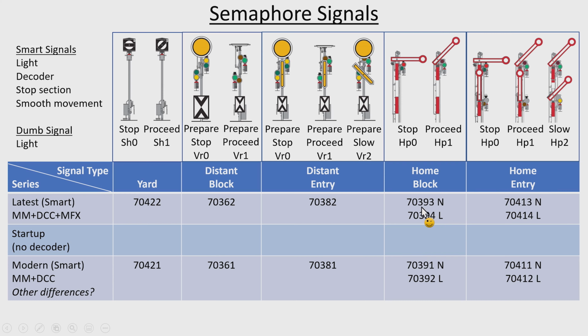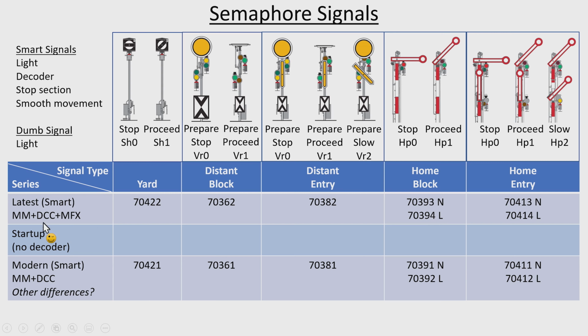The 70393 is a narrow mast, where the 70394 is what is called a lattice mast, or it looks like a girder, or you can see through it, right? So the N is a narrow solid mast, and the L is a lattice, let's say grid girder mast, where you can halfway see through. And the only difference there is basically the looks.